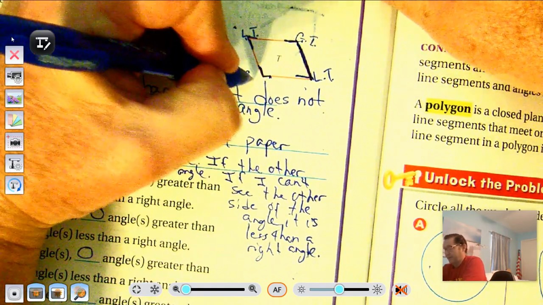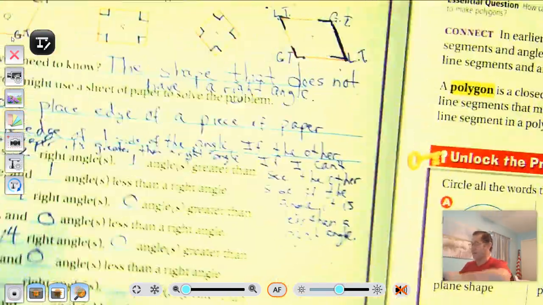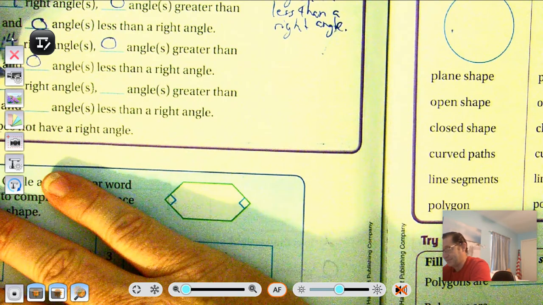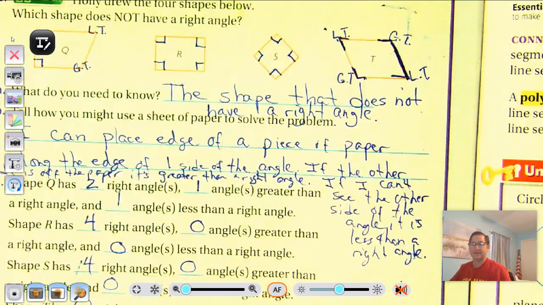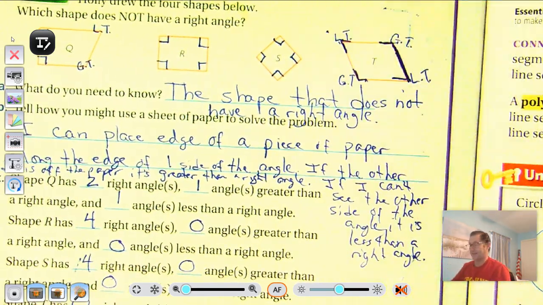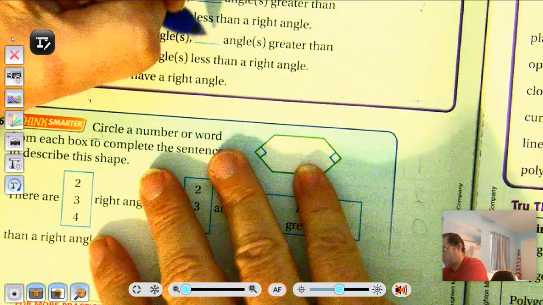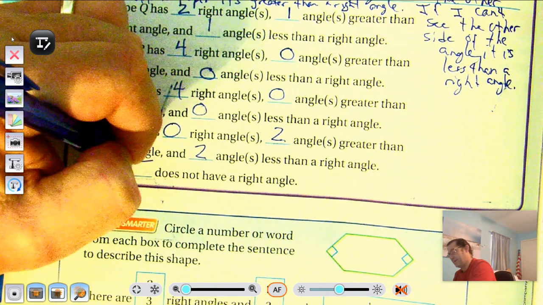So if that angle is greater than, this angle has to be greater than. So shape T has no right angles, and it had 2 angles greater than and 2 angles less than right angles. So 2 and 2. So which shape does not have a right angle? Shape T.